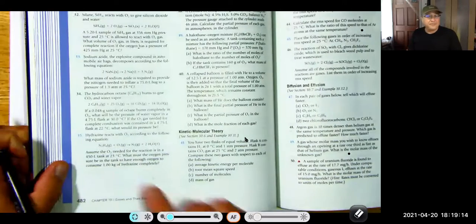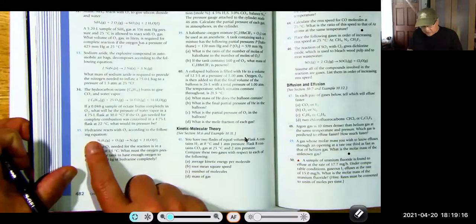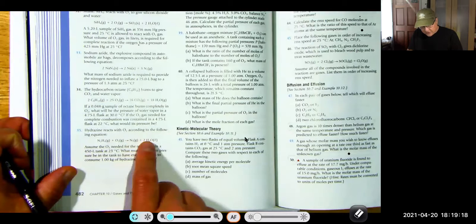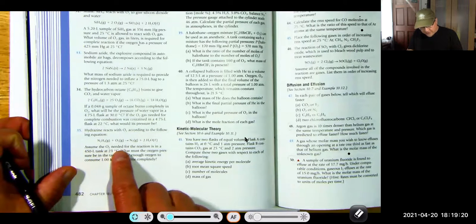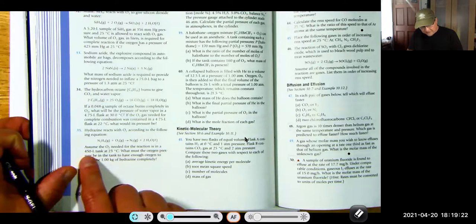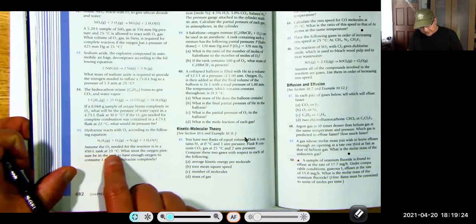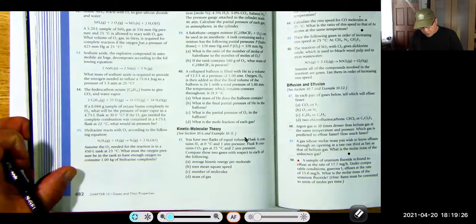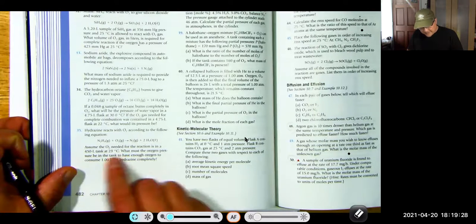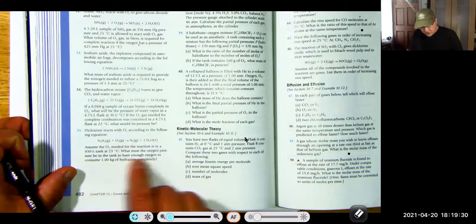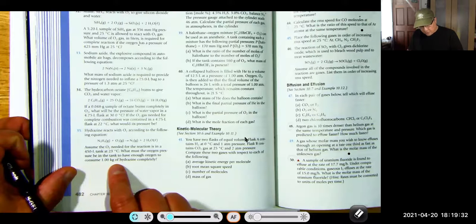35. Okay, so 35 is about hydrazine. Hydrazine reacts with O2 according to the following equation. Assume the O2 needed for the reaction is in a 450 liter tank at 23 degrees Celsius. What must the oxygen pressure be in the tank to have enough oxygen to consume 1.00 kilograms of hydrazine completely?